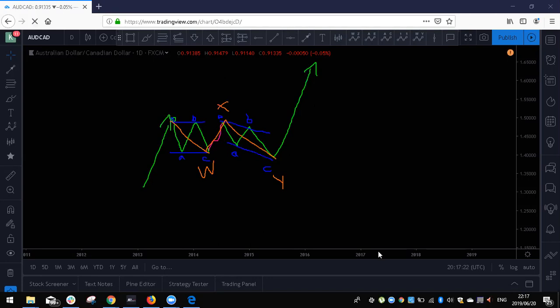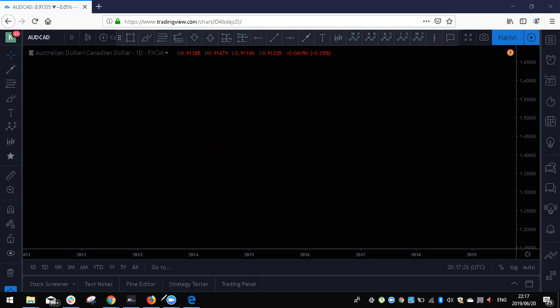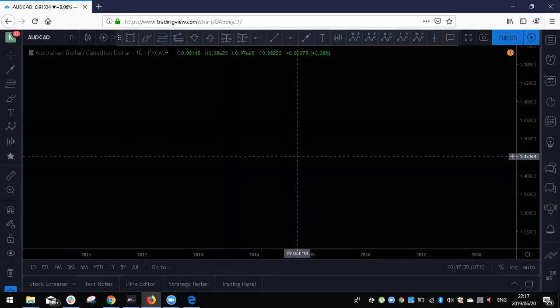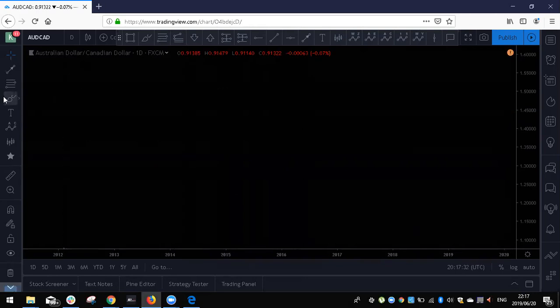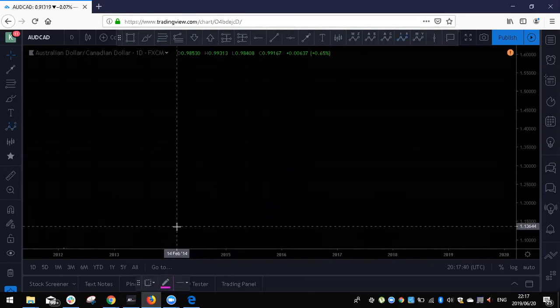I think I've covered almost all corrections, even the combinations, and then we can just go through the rules for the motive wave.